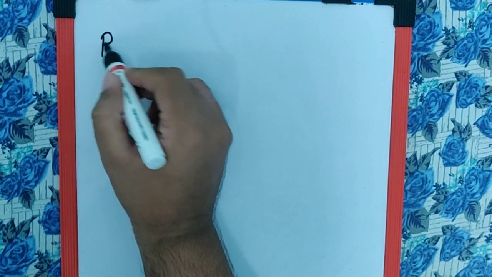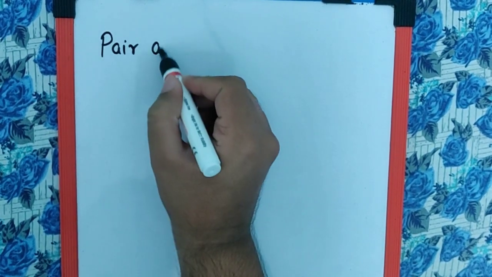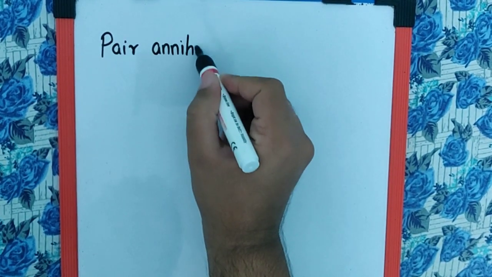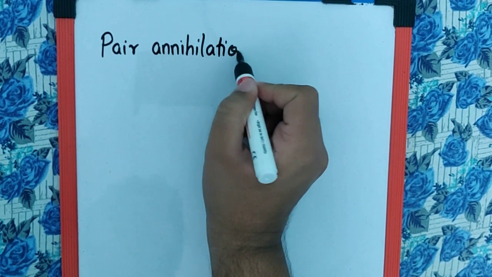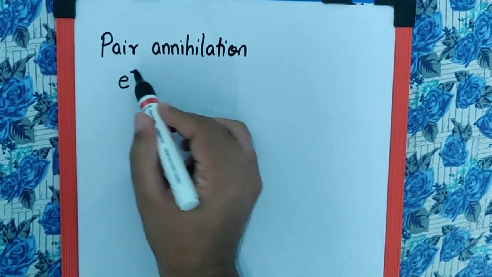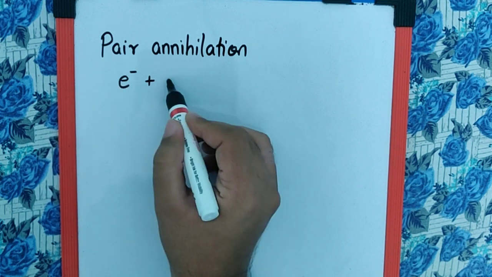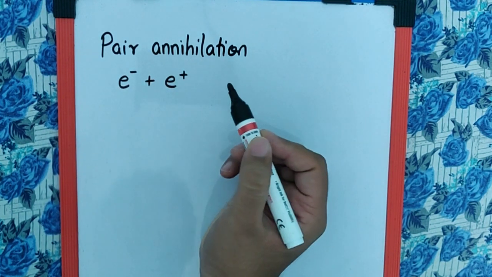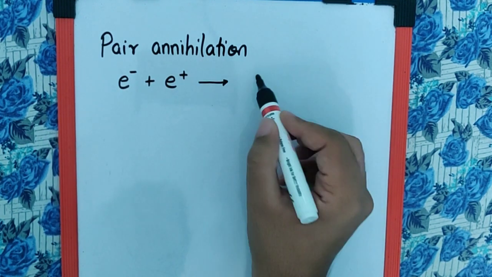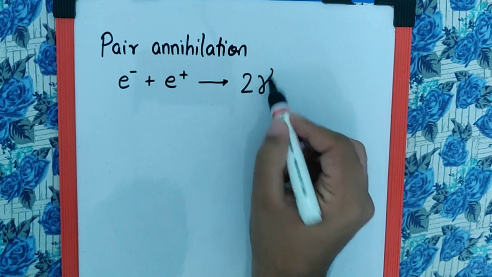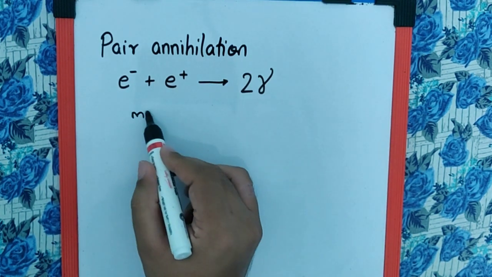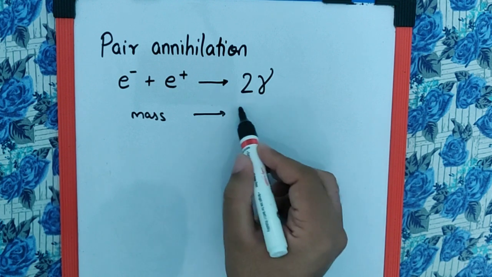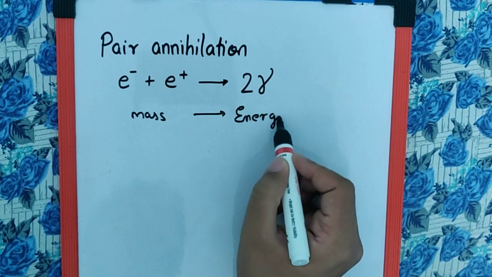Apart from this, you should also know something called pair annihilation, which says that when an electron and the antimatter of the electron, called a positron, merge, they convert into 2 gamma radiations, which means the mass gets converted to energy.